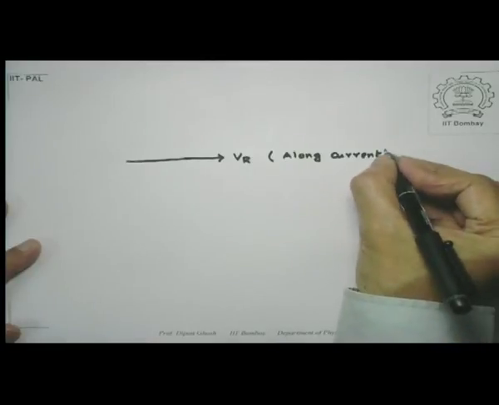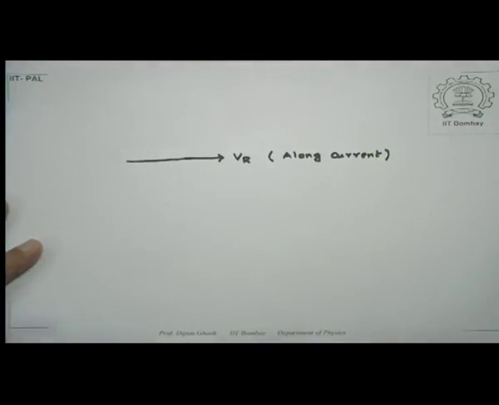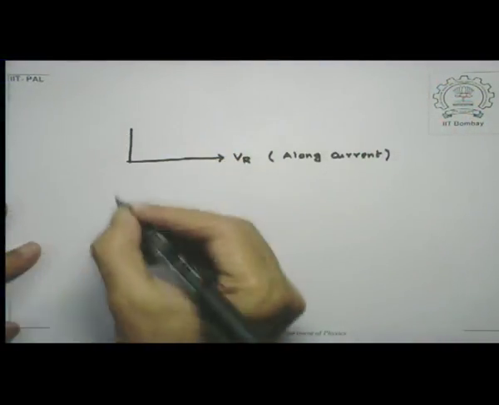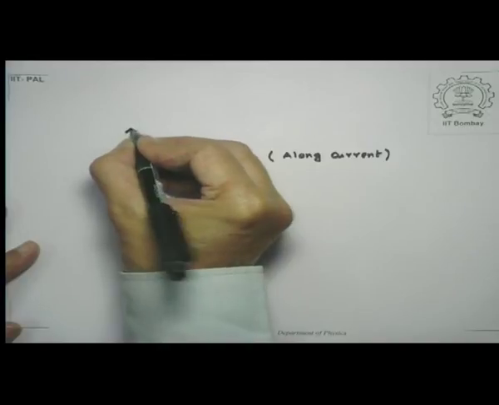Now, if you recall, for an inductor, the current lags the voltage. Another way of saying that is, for an inductor, voltage leads the current by 90 degrees. So therefore, if in the same diagram I am drawing the voltage across the inductor, I'll draw it like this. So this is, let's say, VL.